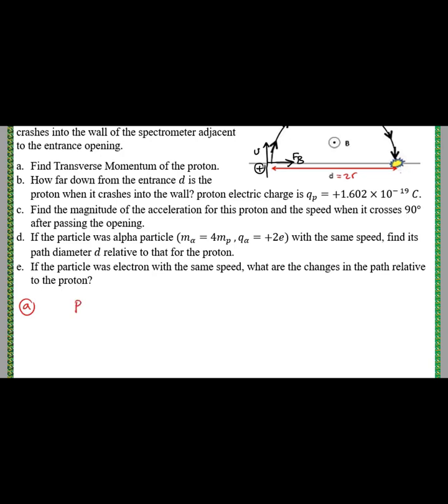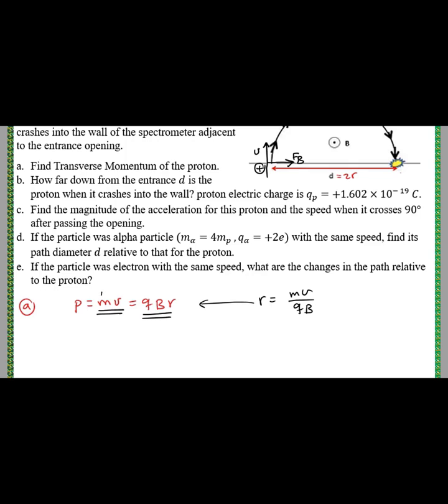The momentum has 2 equations, m times v or qBr. They will give you the equation in the exam like this: r equals mv over qB. This is the same as this one. Now how can you find the momentum? Either you take this part or the other part.